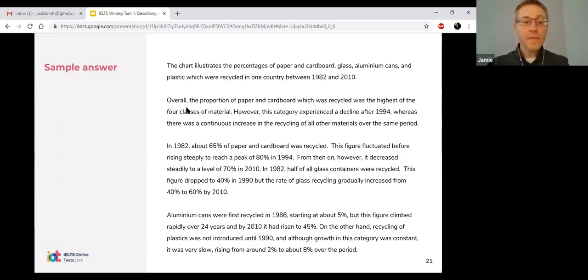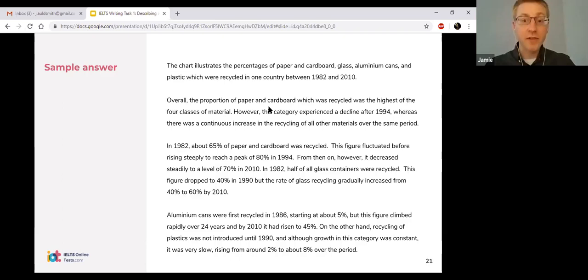Yeah, that's a good question as well. Yes, you shouldn't give too much specific information in the overview. So you don't want to start going into exact percentages, exact figures.